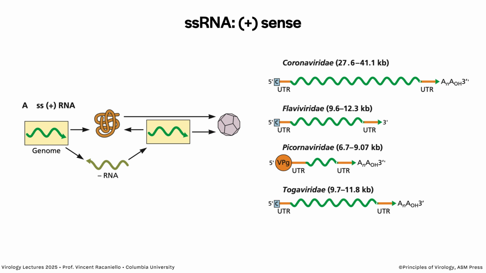Coronaviruses have the biggest RNAs. Flaviviruses like yellow fever virus, West Nile, Zika, slightly smaller. Picornaviruses like poliovirus and togaviruses, all plus-stranded RNA viruses of significant pathogenic potential in people.